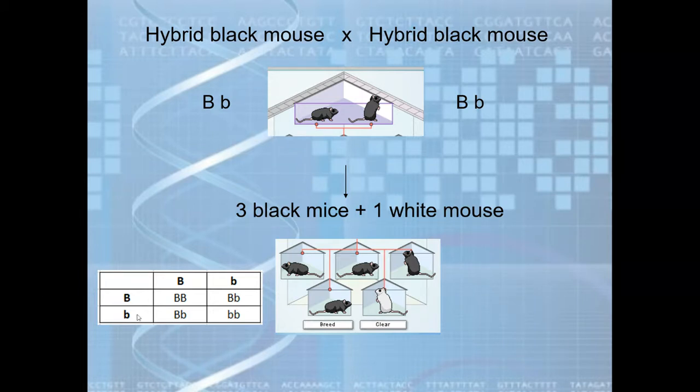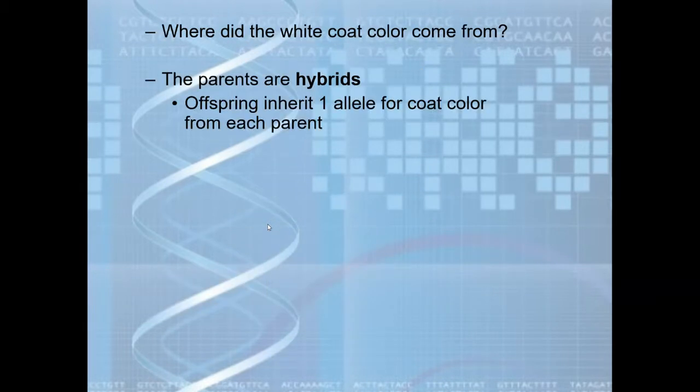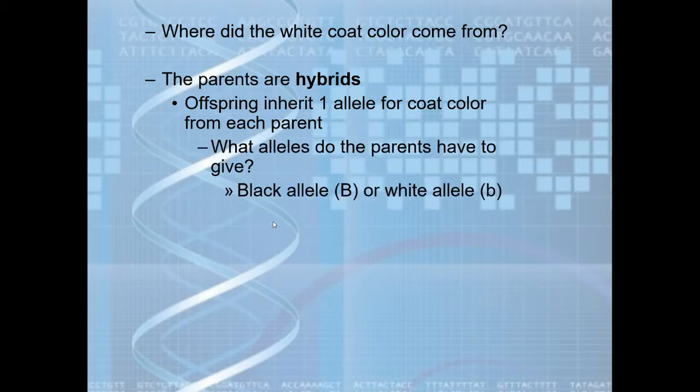But that's the thing. Since they are both carriers of the recessive white allele, then it is possible that they will have white babies. So the parents are hybrids. Offspring inherit one allele for coat color from each parent. So what alleles do the parents have to give?